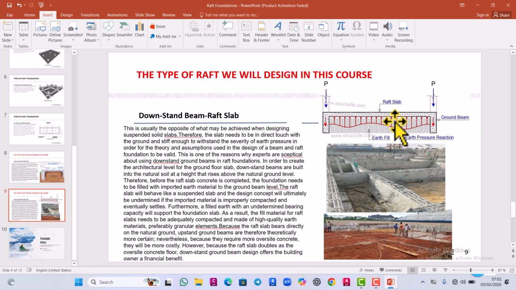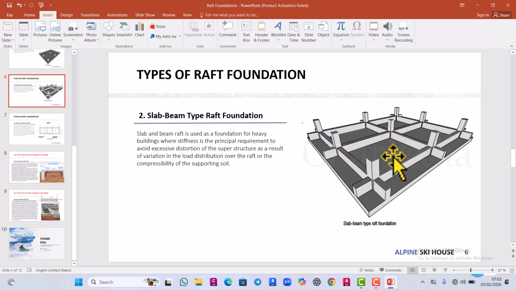Okay, so people begin to doubt the reliability of what? The downstand beam. So they say, okay, the upstand beam is better because in this case now, the slab is coming directly with the natural soil. So there is no way there will be a void under the slab.